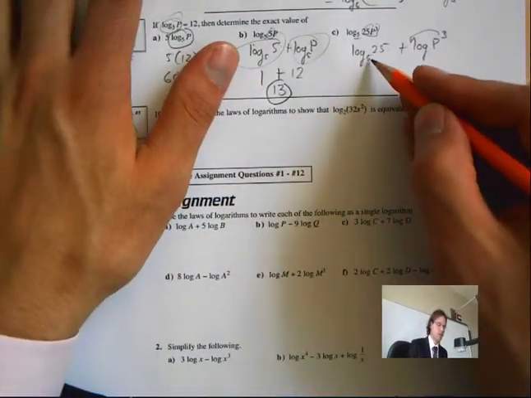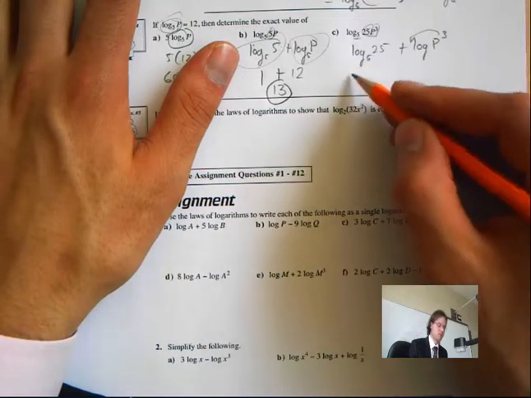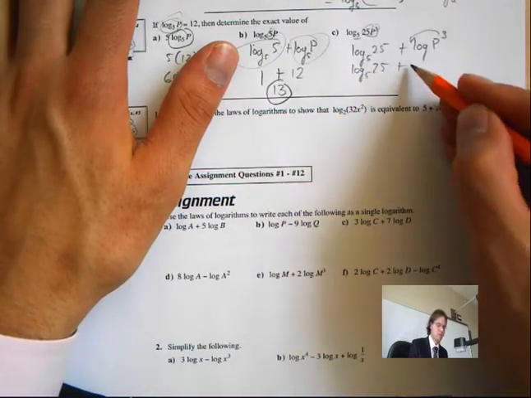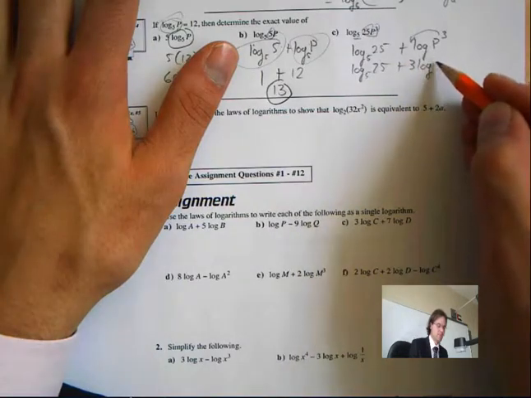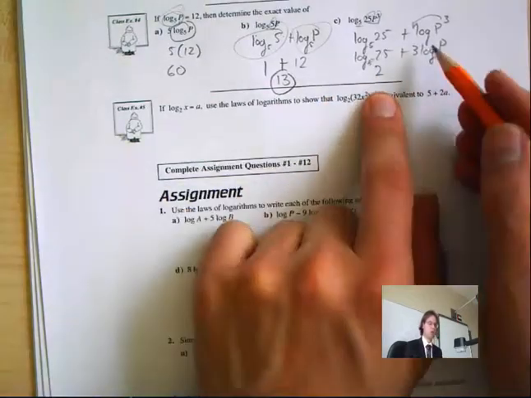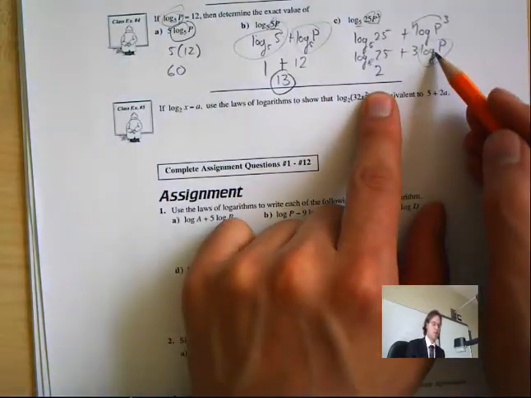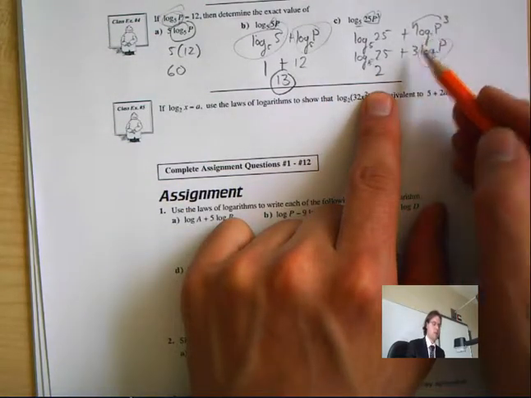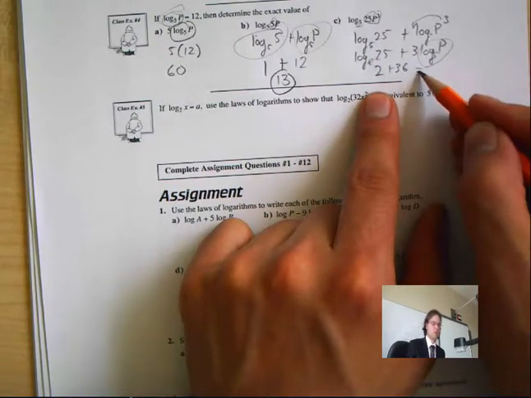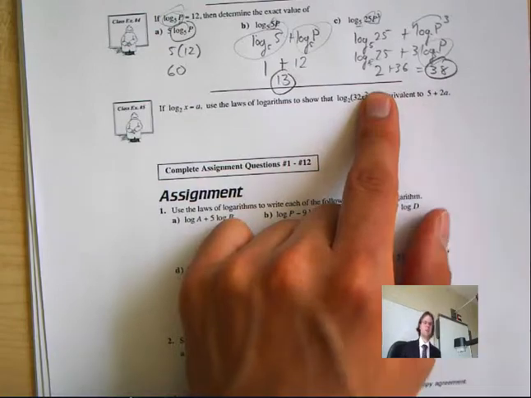So we're going to be left with, and this here is just okay. So 5 to the power of what is 25? That's 2. And we know this is equal to 12. Multiplied by 3 is equal to 36. So that's going to give me 38 is my answer.